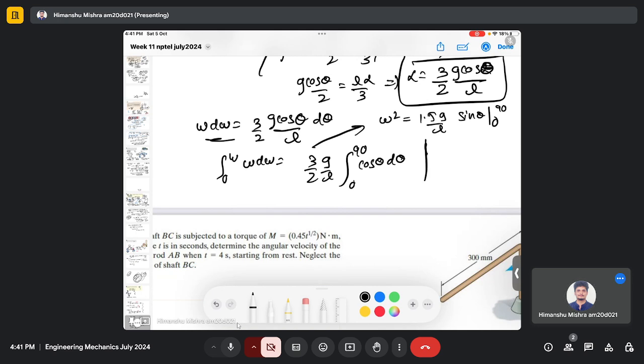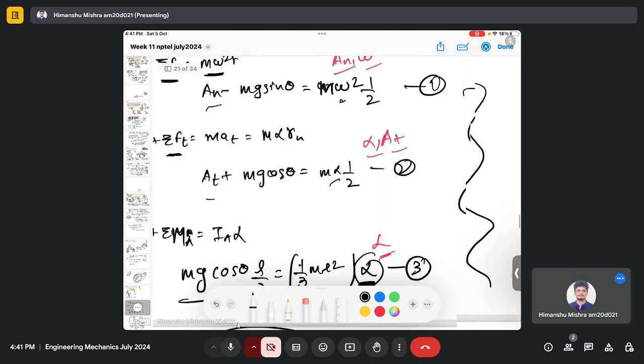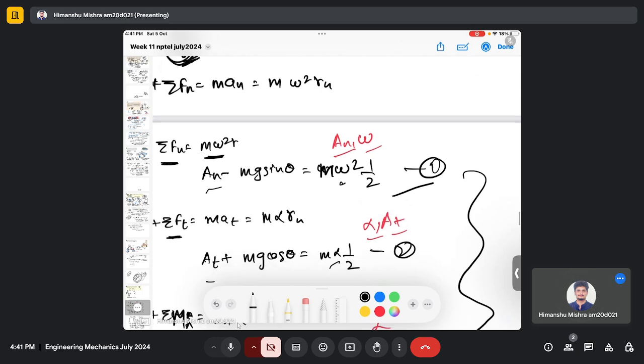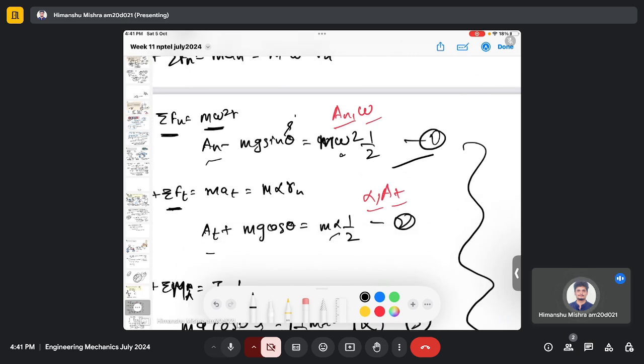So your omega square will be 3g by L. So this is our omega square. Now you can put this expression of omega in equation 1 and solve when theta equals 90.